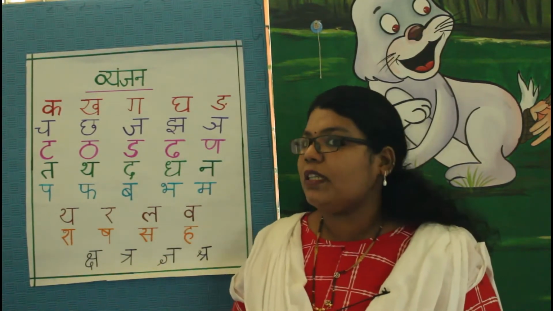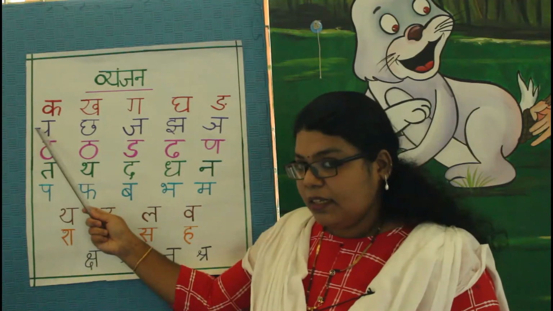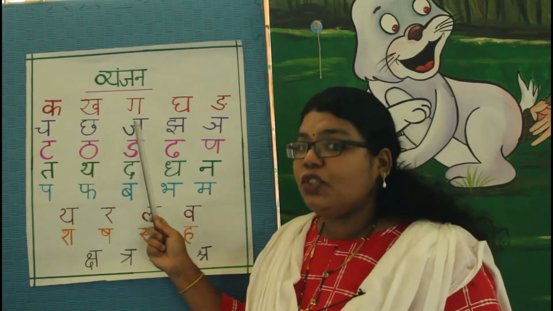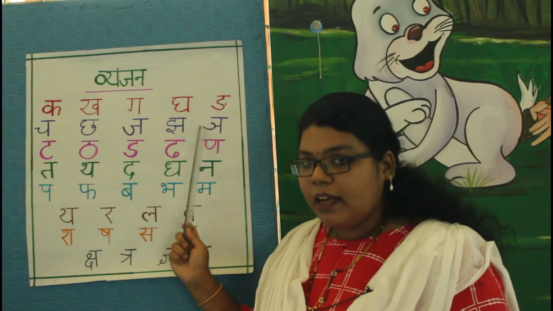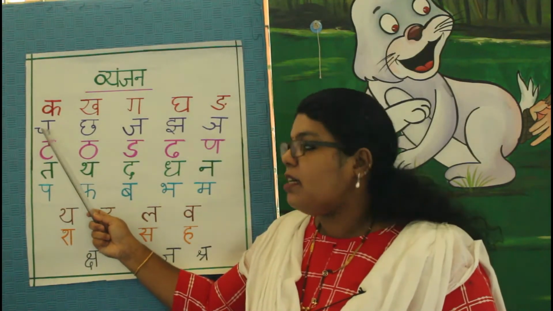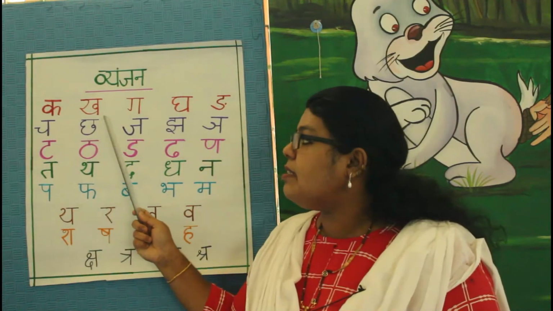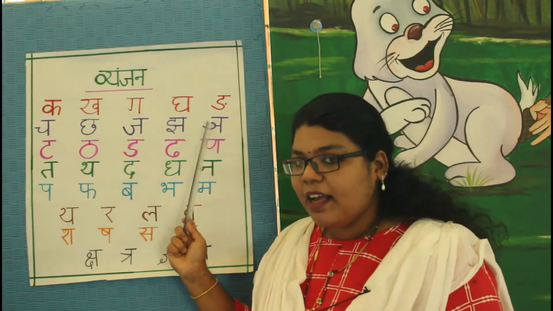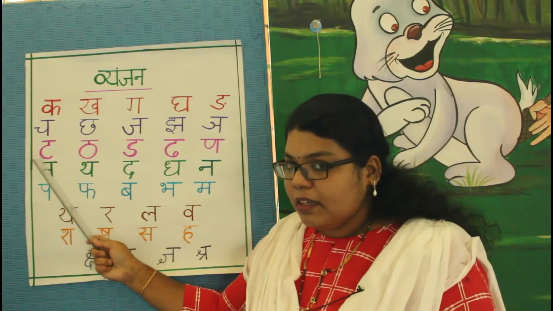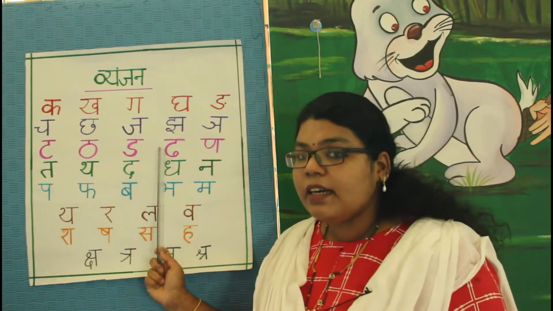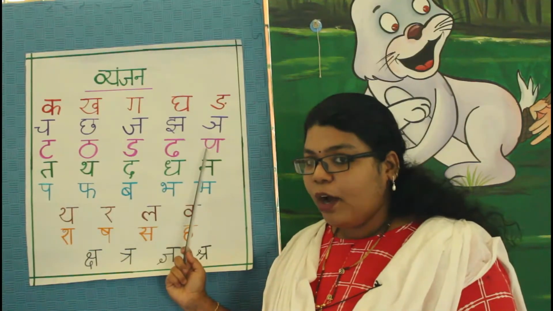Children, all of you repeat after me. Cha, chha, ja, jha, nya. Once more. Cha, chha, ja, jha, nya. Ta, tha, da, dha, na.